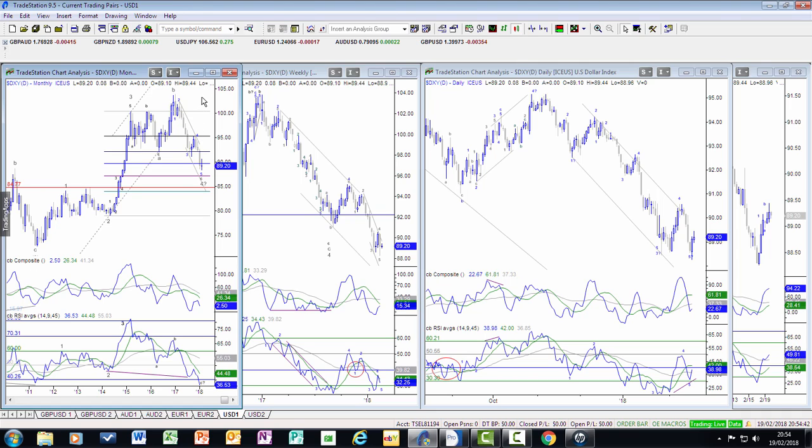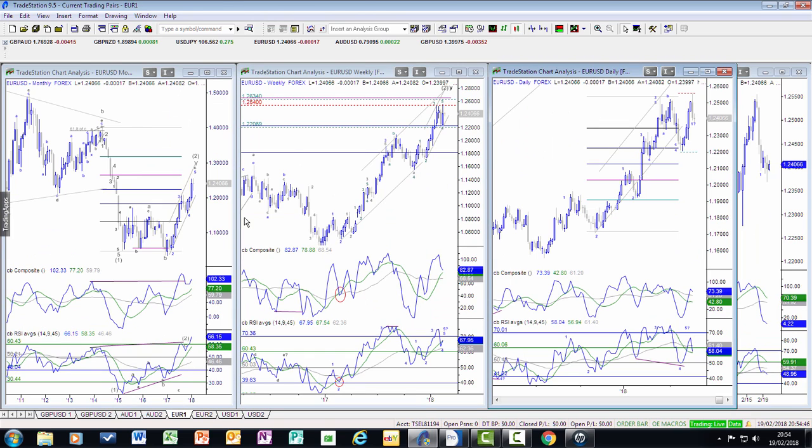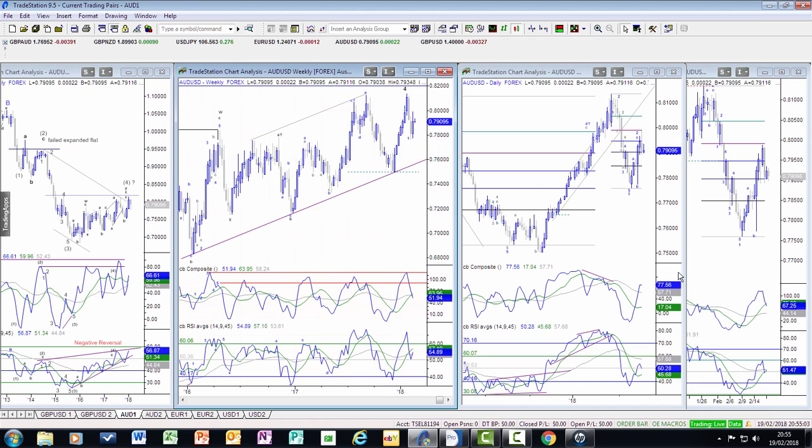And if the dollar index should rally with a long dollar, it is a possibility that an A, B, C, which has finished in Eurodollar, would take out the low from this perspective here. So you would see, there's no could about it, if the dollar index rallies you will see a decline in Eurodollar.